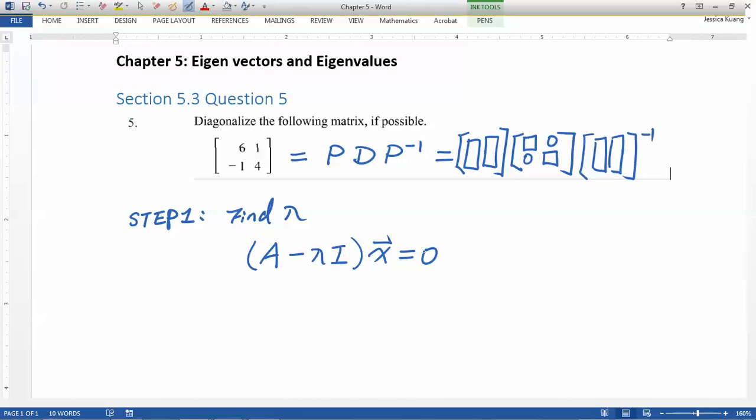So by the invertible matrix theorem, if this has a non-trivial solution, that means the determinant of A minus lambda I must be 0.